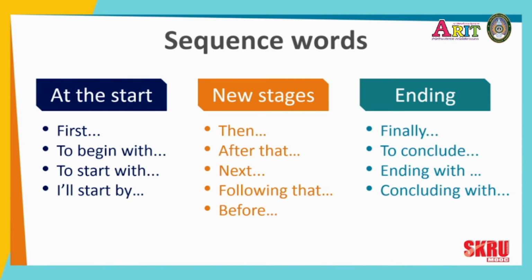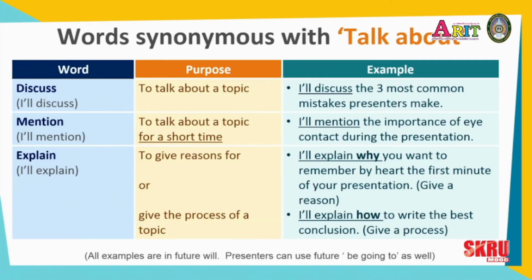Now let's go into words that are synonymous with talk about. In presentations, one of the advanced techniques is repetition, which is key for people understanding and remembering what you say.